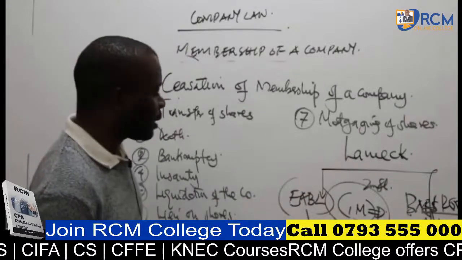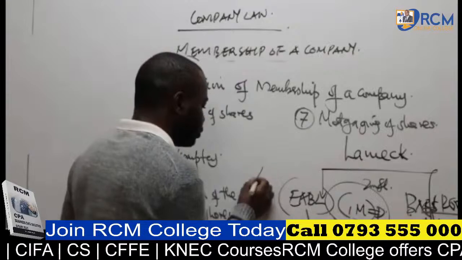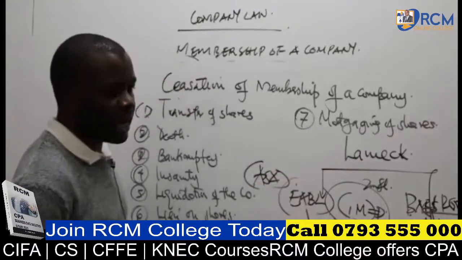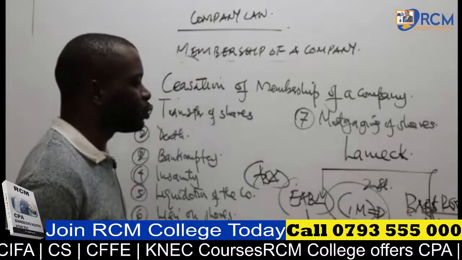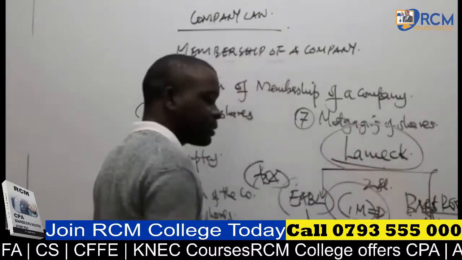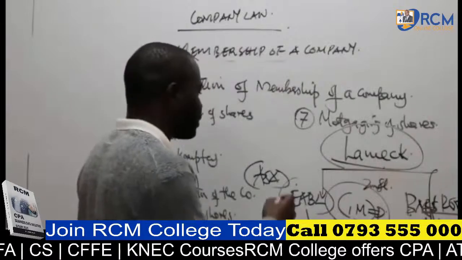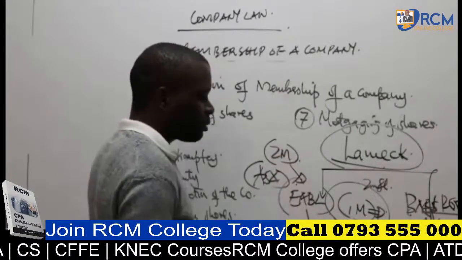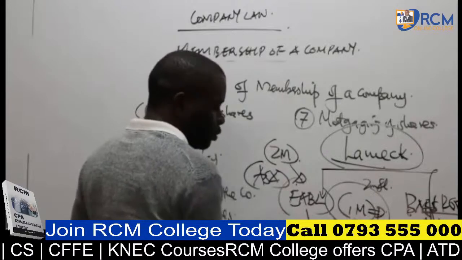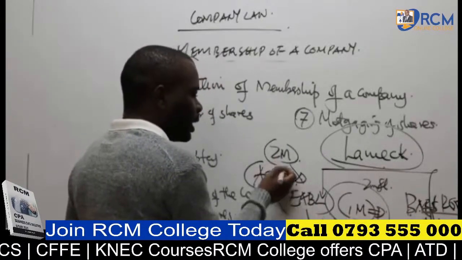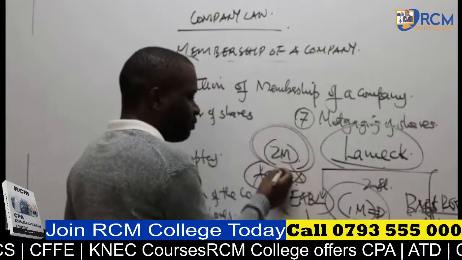So if the articles of association of East African Breweries Limited allow, then in this case, they can withhold the shares of Lamech at EABL. Let's assume Lamech has shares worth 2 million at EABL. He's not able to pay EABL because of the COVID pandemic, but EABL, on the other hand, has some shares of Lamech.